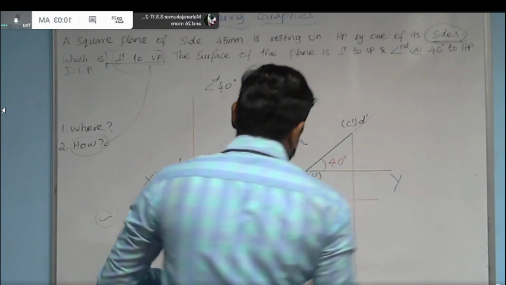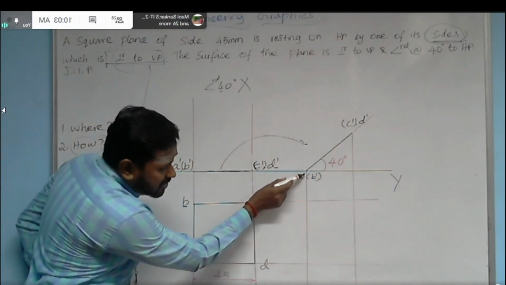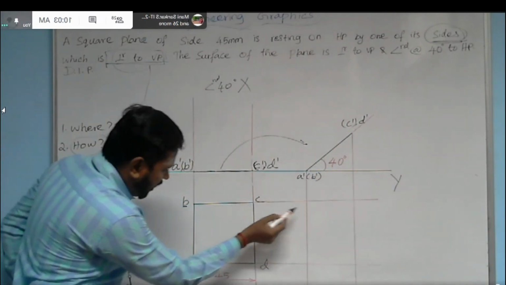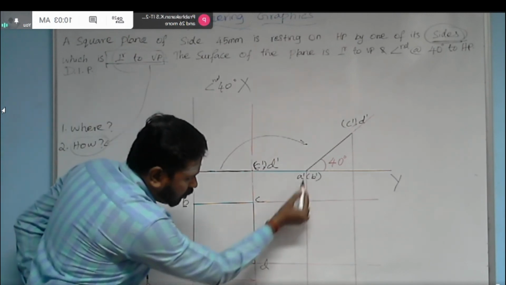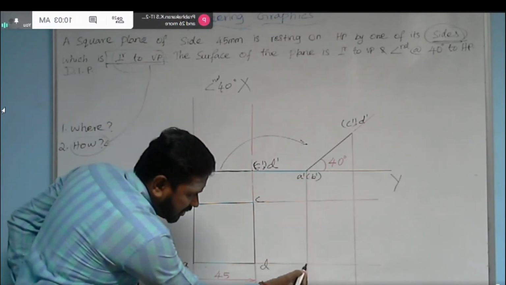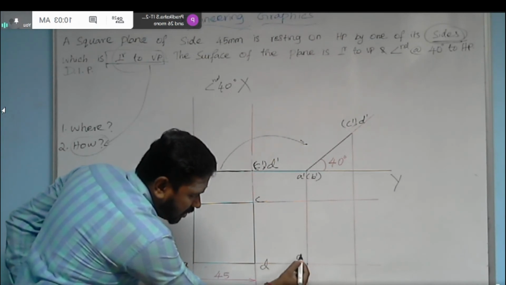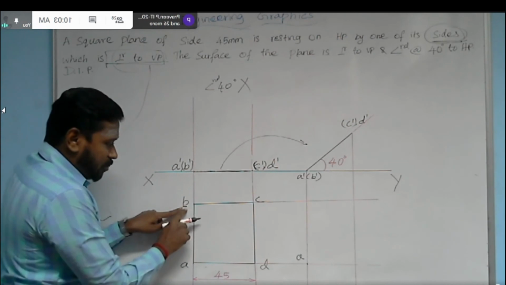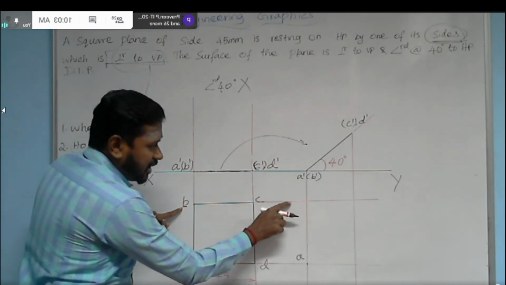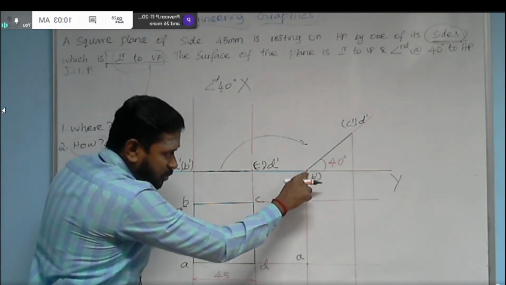See here, A dash vertical projector is there and the horizontal projector of A is here. When these two intersect with each other, you can mark the final point A in the top view. The same way, B's horizontal projector is here and B dash's vertical projector is there.